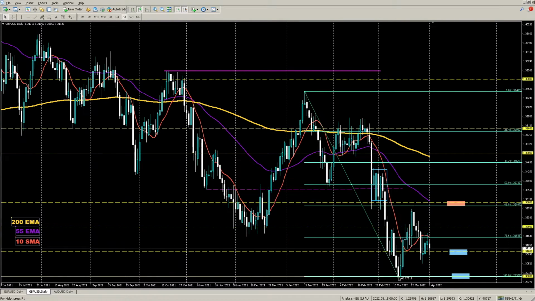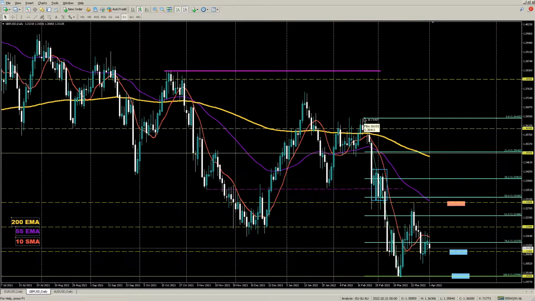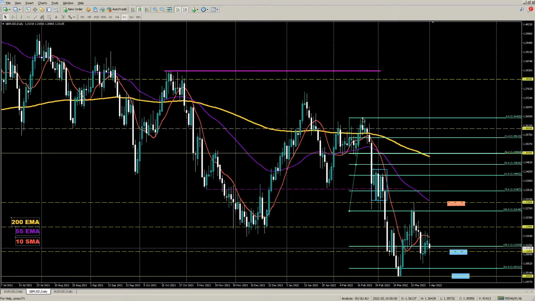Now, if we update this fib and move this also similar to the EU, move this to the most recent swing lower, and you can see that it struggled to climb up to the 50 fib blocked by the 00 at 133 and fell back to the 131 and still around the 21 fib retracement. Let's flip this over.